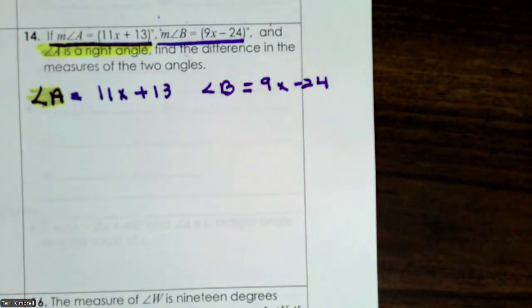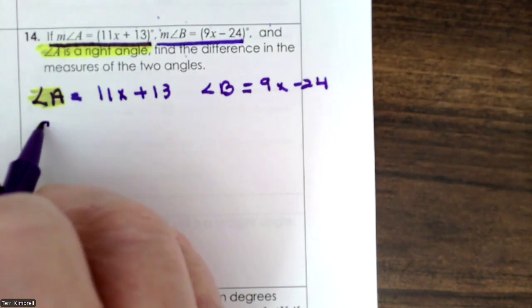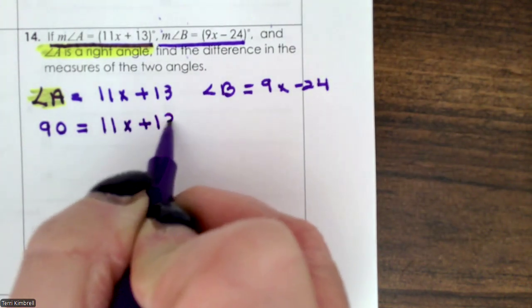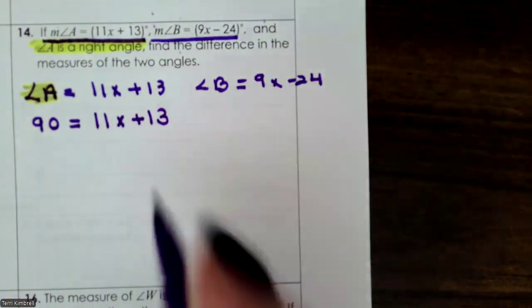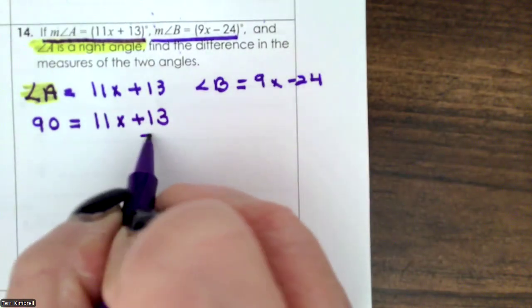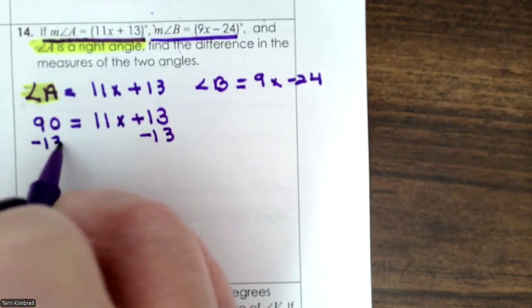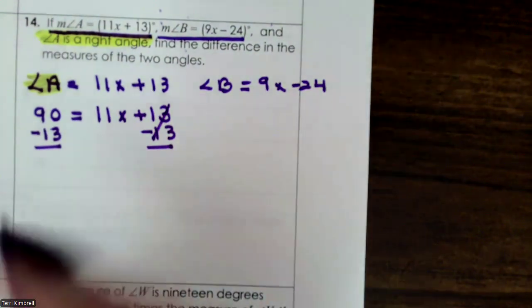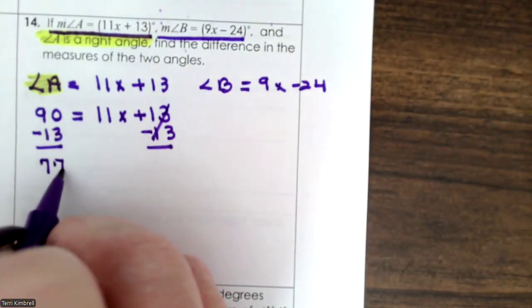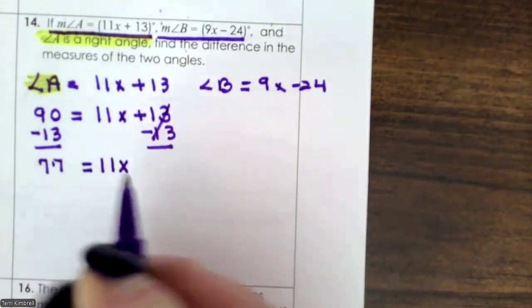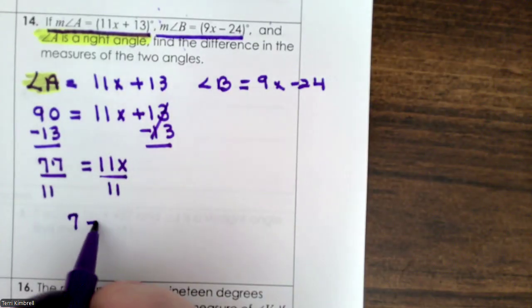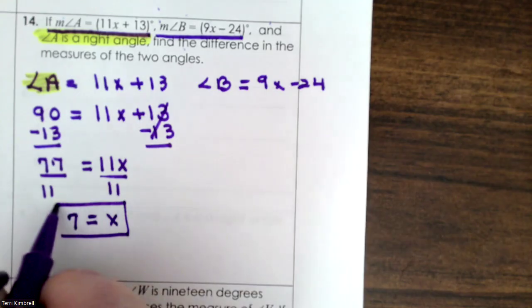So I know that that is a right angle. Okay, so to know that's a right angle, I need to put 90 here. And then I would subtract 13. That's going to give us 77. Divide by 11. And x is equal to 7.